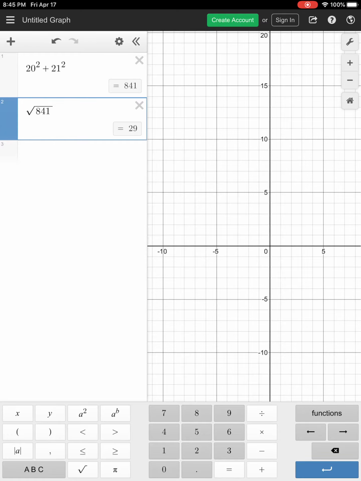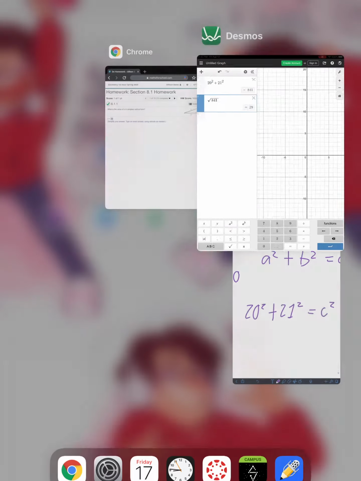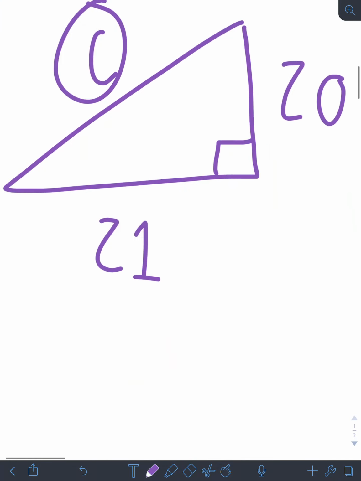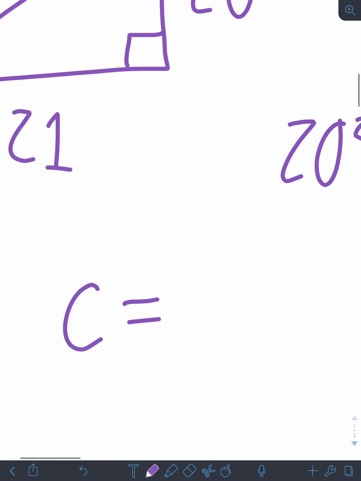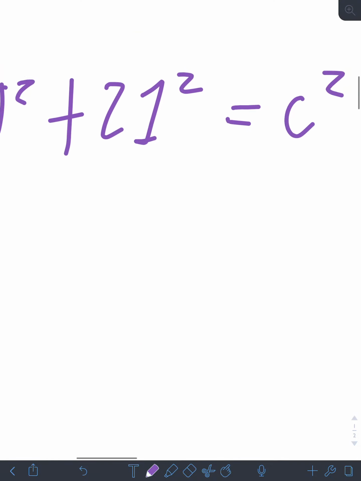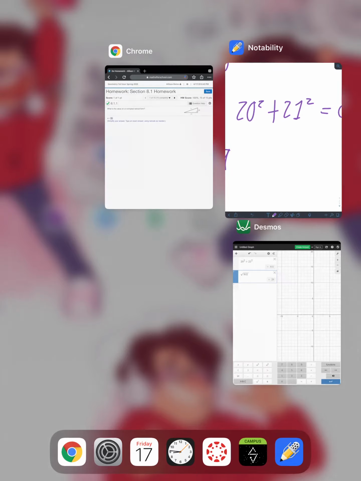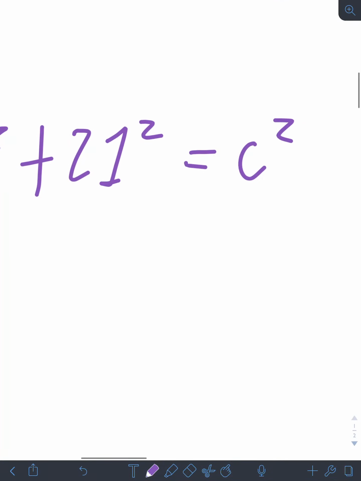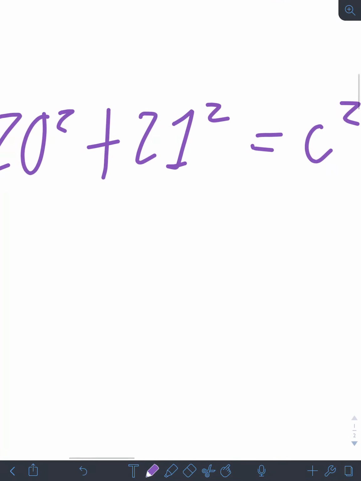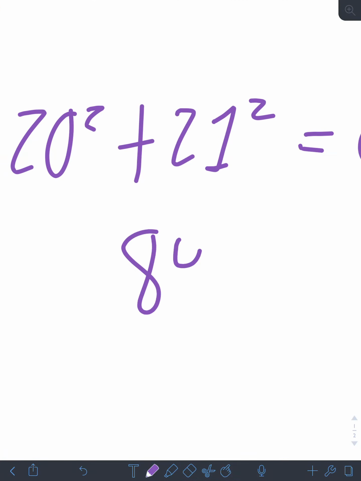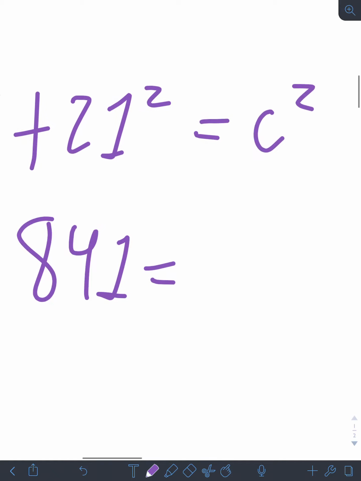Okay, so the square root of 841 is 29. So our hypotenuse, side c, is equal to 29. And I don't know if you need that explained, but because we're going to square that one, 20 squared plus 21 squared was 841 equals c squared.